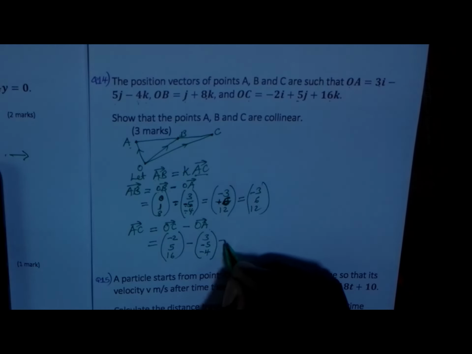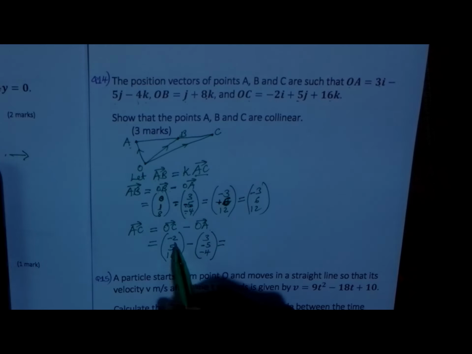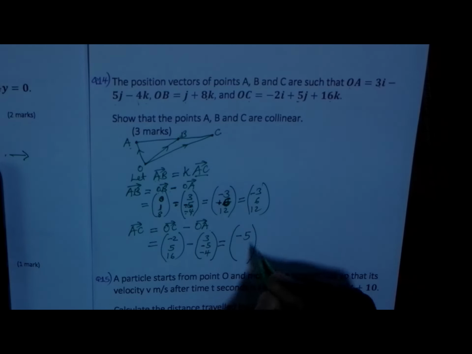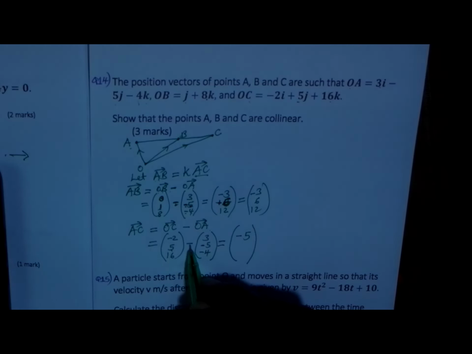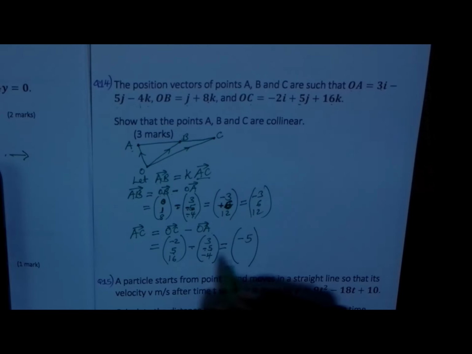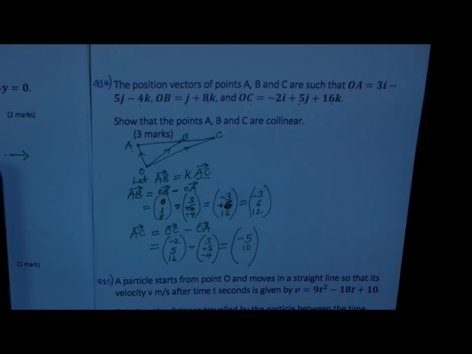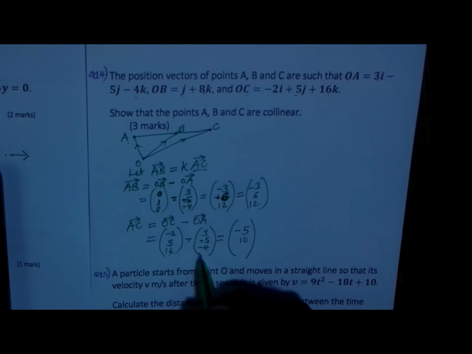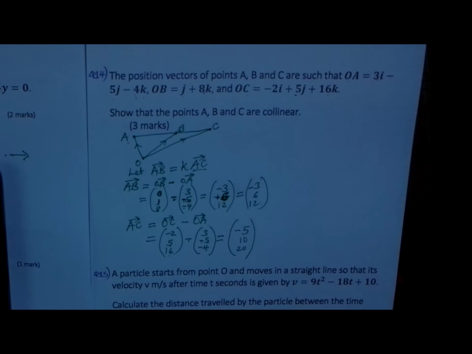So the other one will be now minus 2 minus 3, so you get minus 5. 5 minus minus 5, so that will be 10. Then 16 minus minus 4, so 16 plus 4, that is 20.